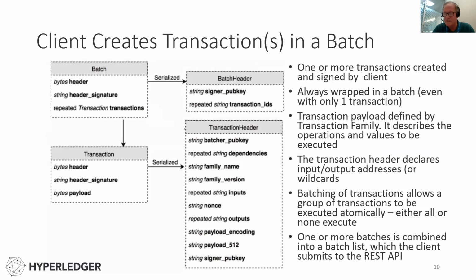You make sure your transaction does not overwrite data where it shouldn't. Then another part of the header is your SHA-512 checksum of the payload and the public key of the signer, and then you have the header signature in the transaction. You have multiple transactions if you want, or just one, and that's put in a batch, and the batch is what's sent to the REST API.